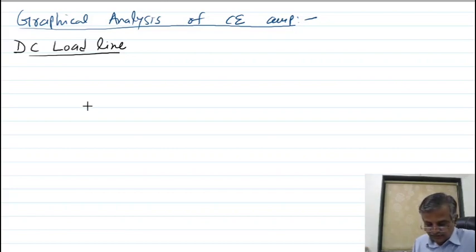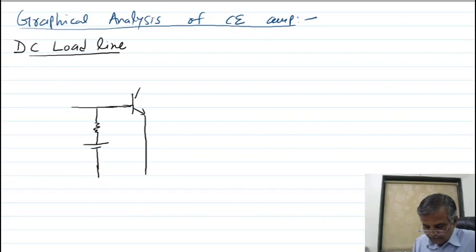Look here. The basic common emitter amplifier circuit is as shown in the figure. This is the basic common emitter amplifier circuit. This is resistor RL, actually called the load resistor.